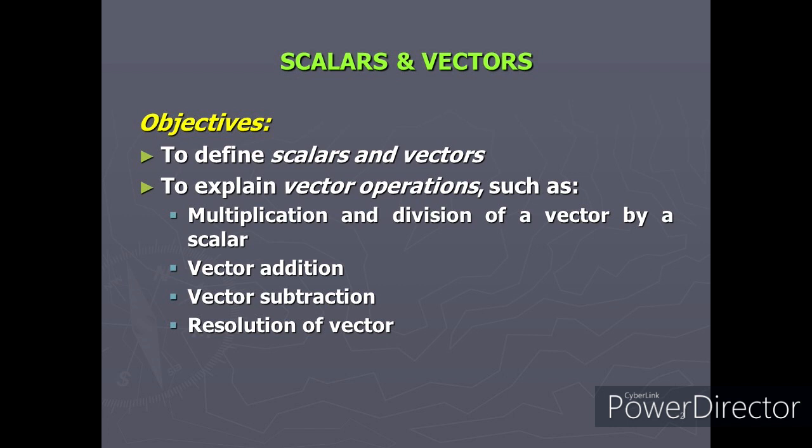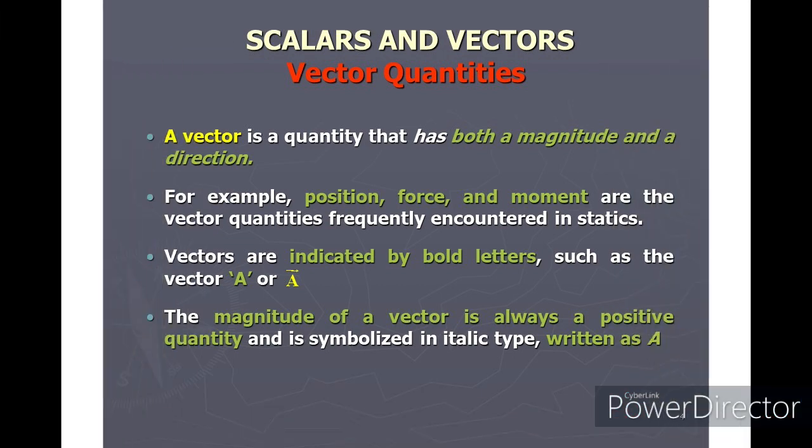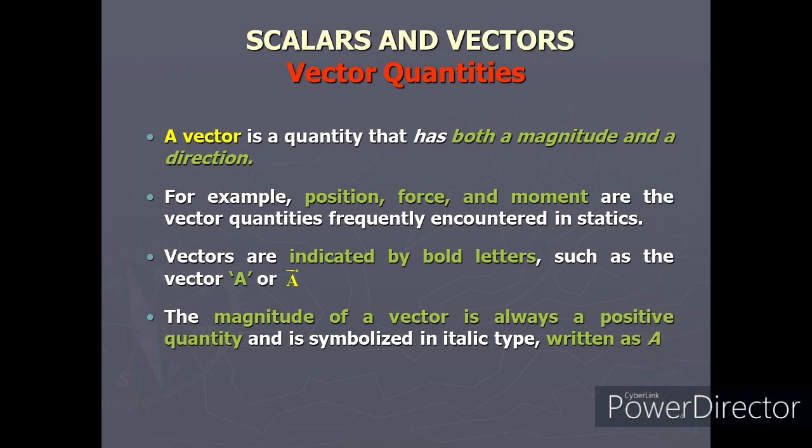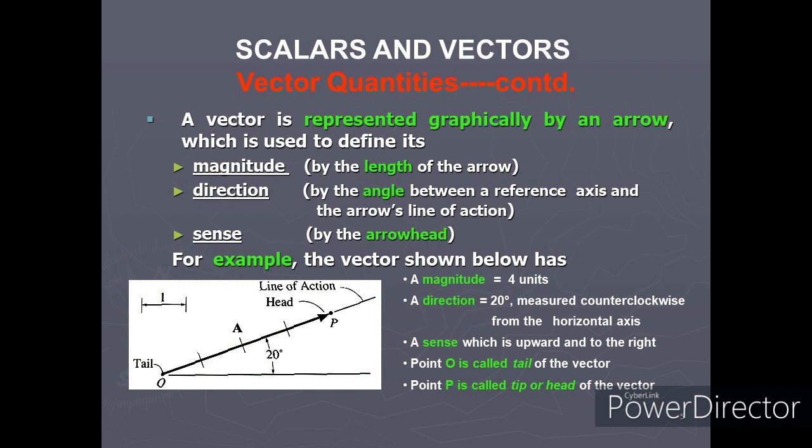We started with the definition of vectors, what scalars are, and their representations. Then we identified a vector as having three properties. It can be represented by magnitude and direction. The length of the arrow gives the magnitude.